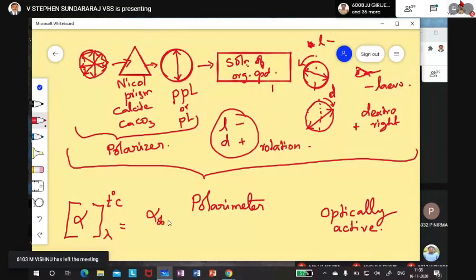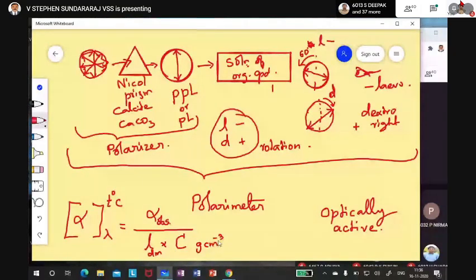Rotation means that angle, measured from here, if it is 60 degrees, then this is the angle observed divided by the length of the solution into the concentration of the solution. Length is in decimeter, and concentration is in gram per cubic centimeter, that is gram per milliliter.